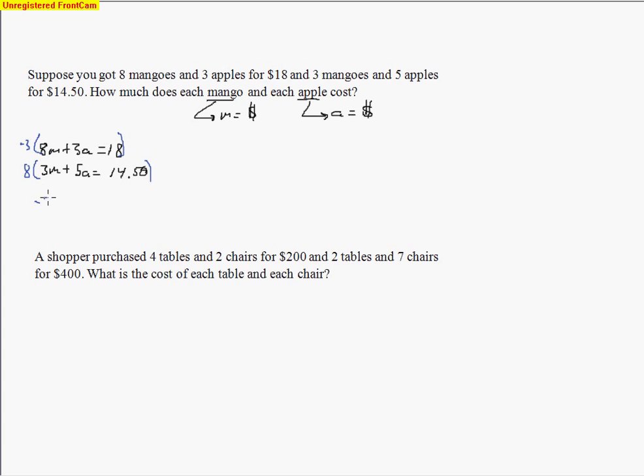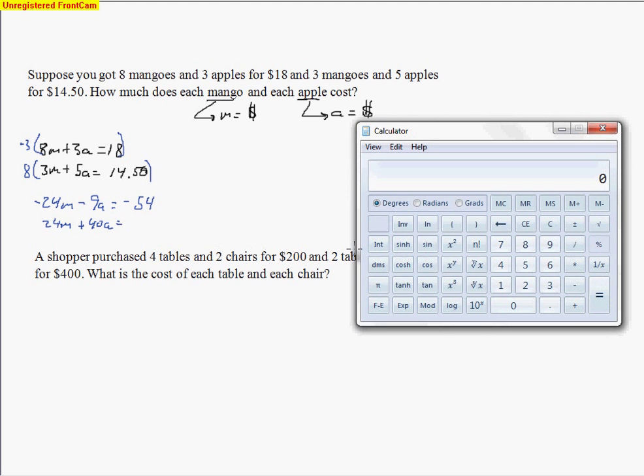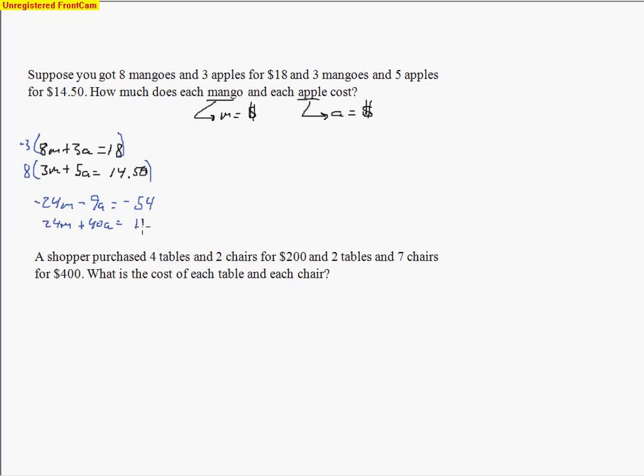I am left with negative 24M minus 9A equals, this makes a negative 54. Now on the bottom I end up with a positive 24M because 8 times 3 is 24, plus 40A equals, and then off to the side I'll use the calculator, and 8 times 14.50 gives me 116.